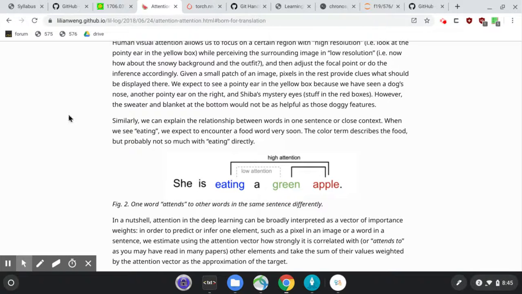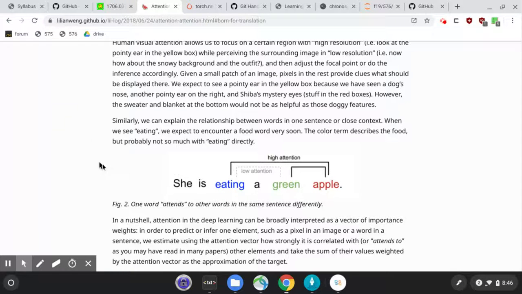Or there's also an example here where she is eating a green apple. Let's say eating is a word which is kind of important to relate to apple compared to the word green.